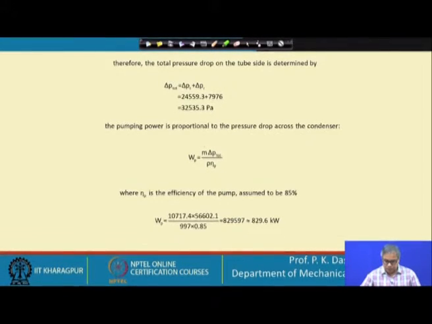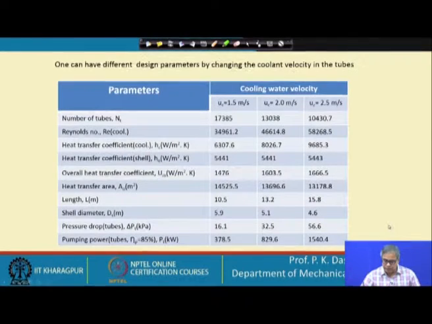Now, let us go to the next slide. Certain analysis has been given. So, you see what we have done at the beginning of the calculation, we assumed the tube side velocity, that is 2 meter per second. Now, let us say we vary this velocity a little bit. We have got the calculation for 3 different values.